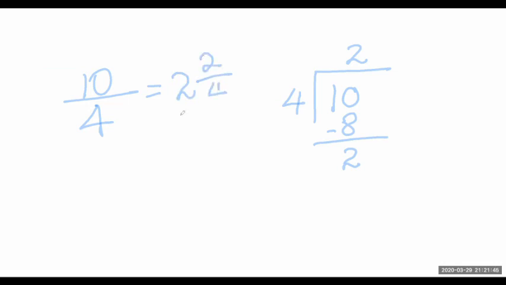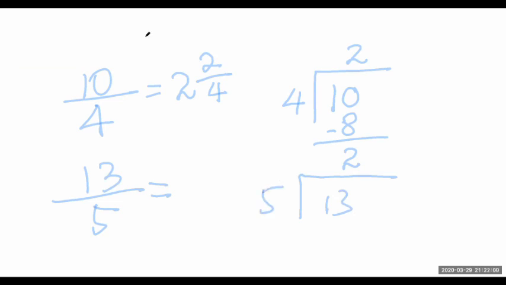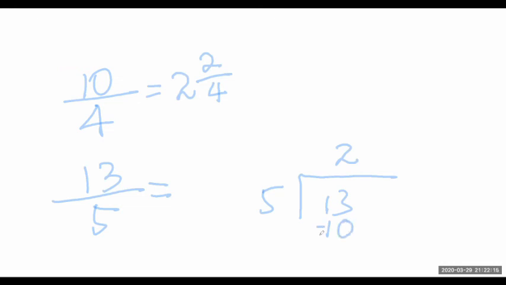Perfect. And I'll give you one more example, okay? 13 over 5. How do you do that? Divide 13 by 5. How many times does 5 go into 13? 2 times. 2 times 5 is 10. 13 minus 10 is 3.